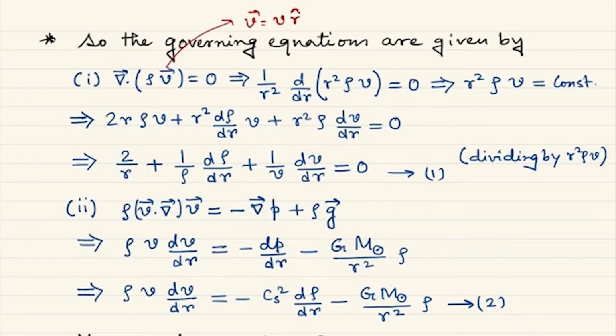Then dividing the whole thing by r square rho v, of course assuming that r square rho v is never equal to 0, the final equation comes to be 2 by r plus 1 by rho d rho dr plus 1 by v dv dr is equal to 0.